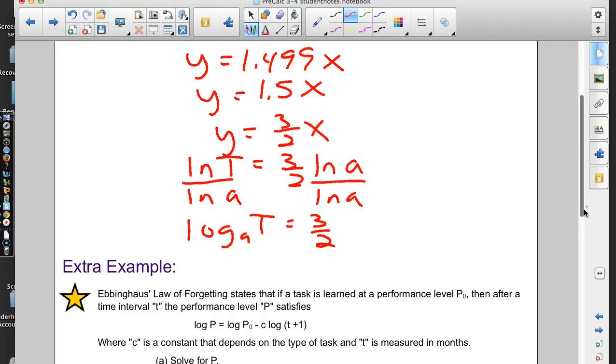If you snail shell this, well, actually snail shelling for the logarithm, we just need this piece, which is the logarithm of what you're trying to evaluate over the logarithm of the base. So we're using change of base backwards. Now, let's snail shell that so we don't have any logarithms. A to the 3 halves equals T.